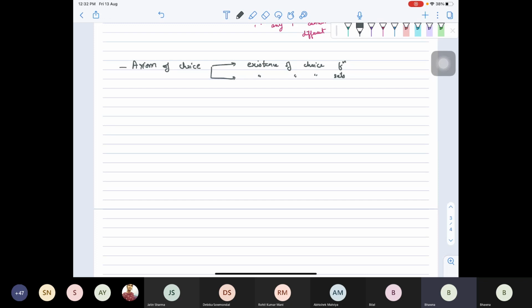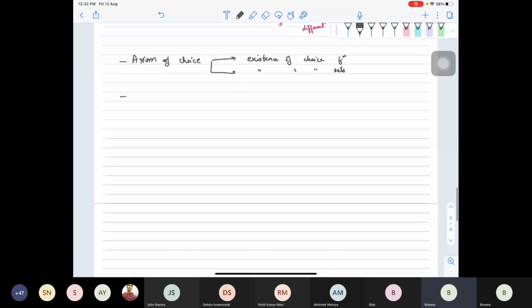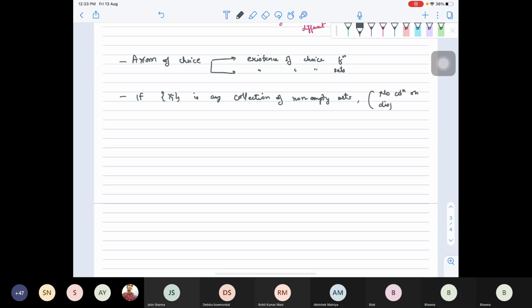Now here I want to point out something: by the same method as above, we can show that if Xi is any collection of non-empty sets, now we have no condition on disjointness, then we can again choose a choice set.